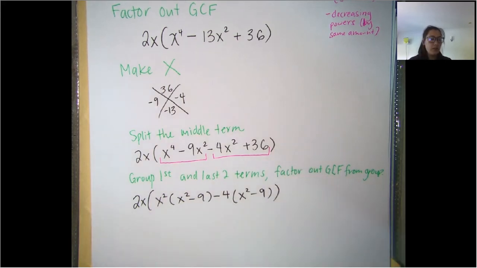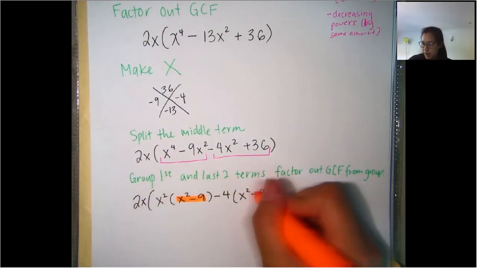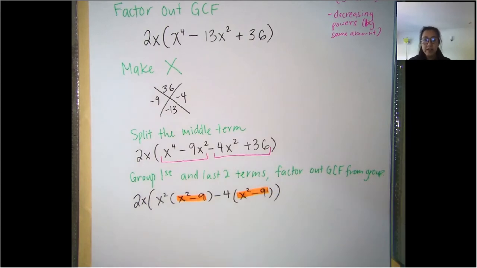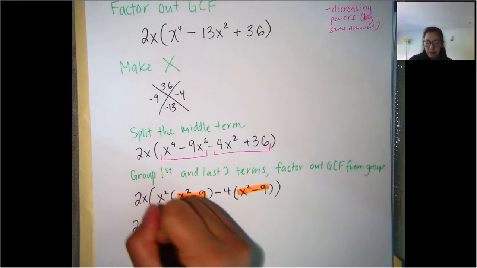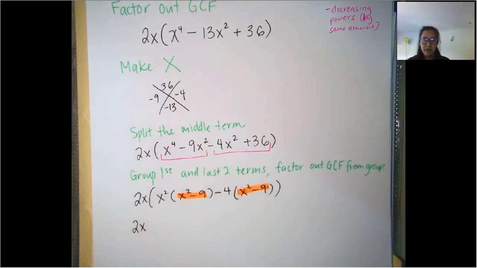Okay, so you need to check to make sure after you factor out the greatest common factor that what's in the parentheses is the same. And you'll notice that indeed this x squared minus 9 and this x squared minus 9 are the same. So what you're going to do is factor that out of the entire group, meaning that the 2x stays on the outside. Oops, I forgot to write the directions.